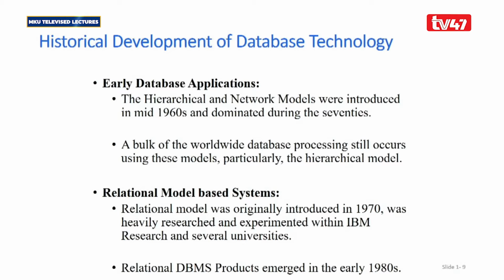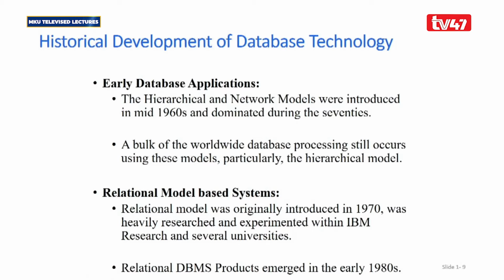So the early database applications, there are two models, hierarchical and the network models. This is based on their structure. Basically, when you look at a network, it usually has nodes. So you can have node 1, node 2, node 3, and so on, so that these particular nodes can store information.